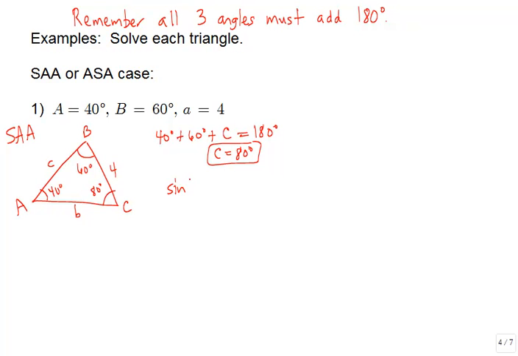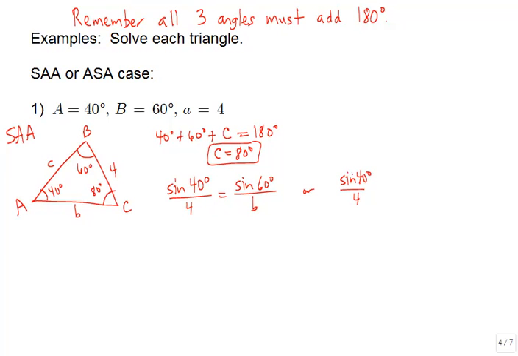So according to law of sines, sine of that 40-degree angle over its opposite side 4 would have to equal sine of one of the other angles over its opposite side. So if you wanted to solve for side B, you could do sine of 60 degrees over its opposite side B. Or you could do sine of 40 degrees over 4.